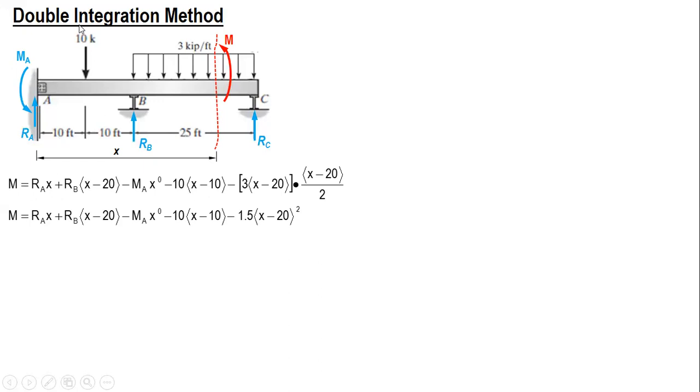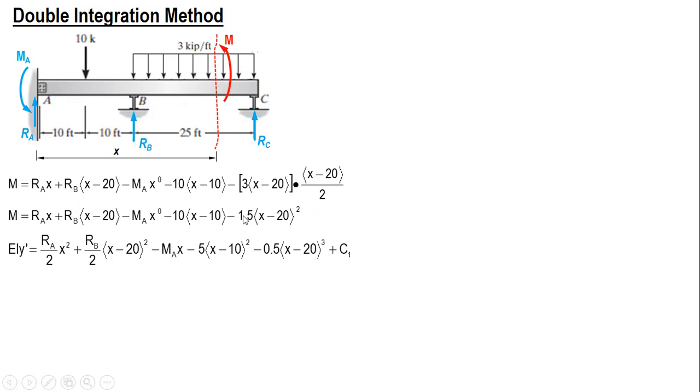And so we apply the double integration method. We integrate this one. We have the expression of slope. So RA, integral of x squared over 2, up to the last term, x minus 20 raised to 2. So integrate, that's cube over 3.